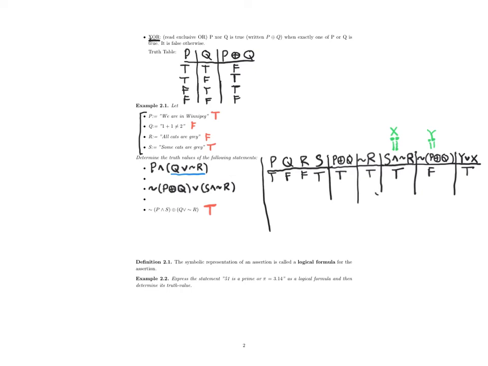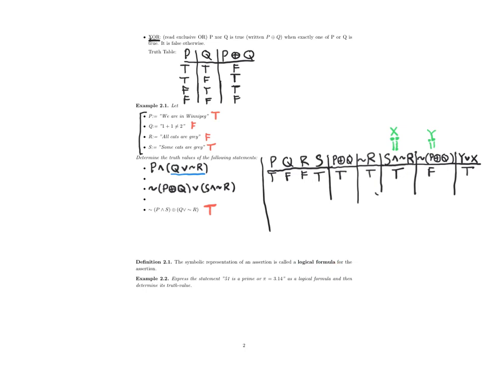So let's get down to a couple of points here. When we're writing things out in terms of these variables, say we name the statement we are in Winnipeg P, like we did up here. When we write statements like that using these logical symbols, we call it a logical formula for the assertion.